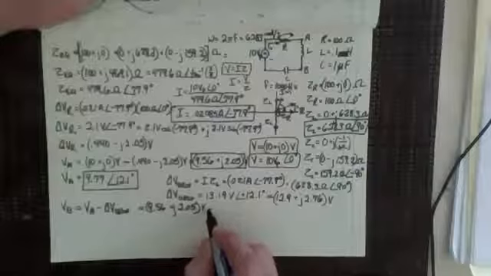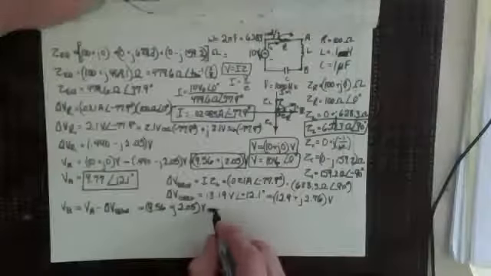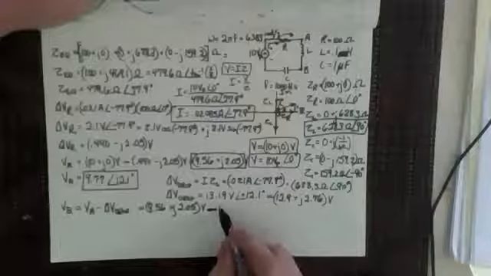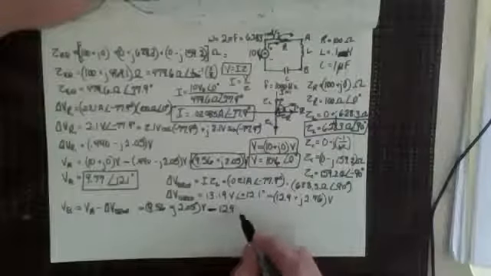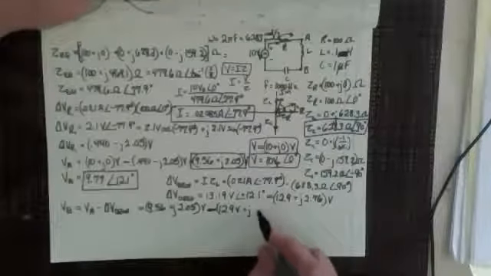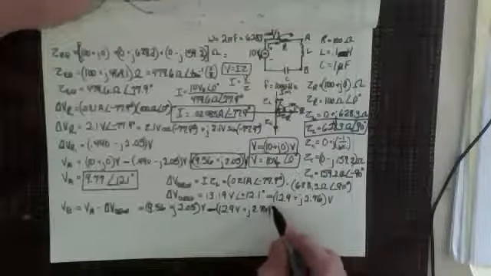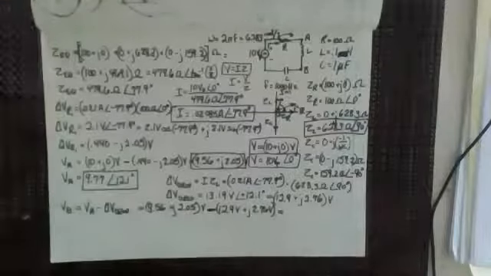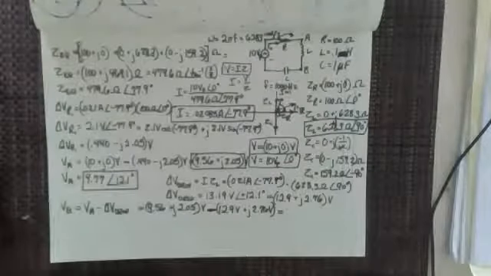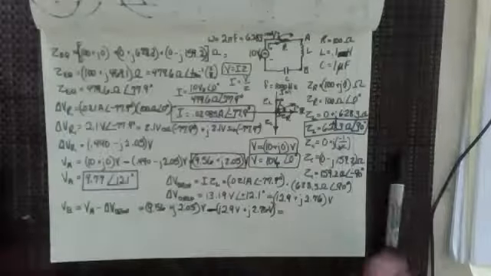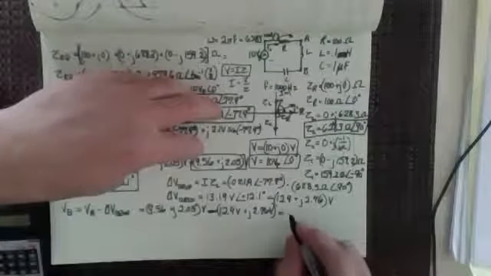That's what I had at A. And then I'm going to subtract off 12.9 volts plus J2.76 volts, right? And I'm subtracting that off. Now, these are both positive, so they're both going to subtract. So 9.56 minus 12.9 is going to give me minus 3.34.